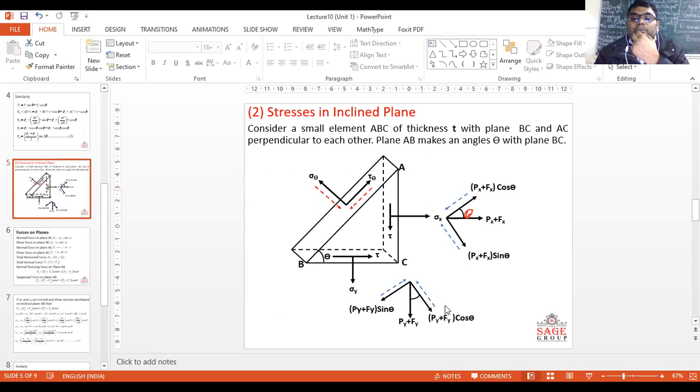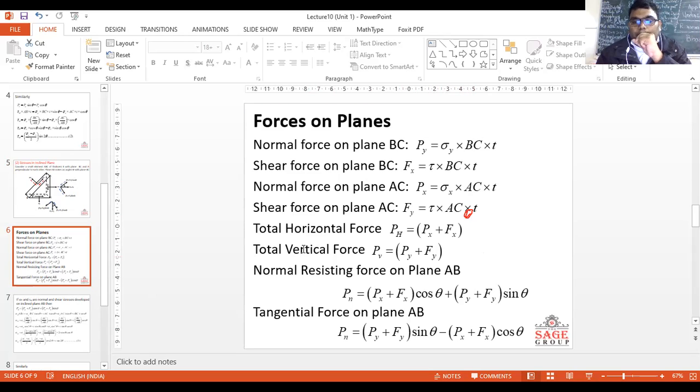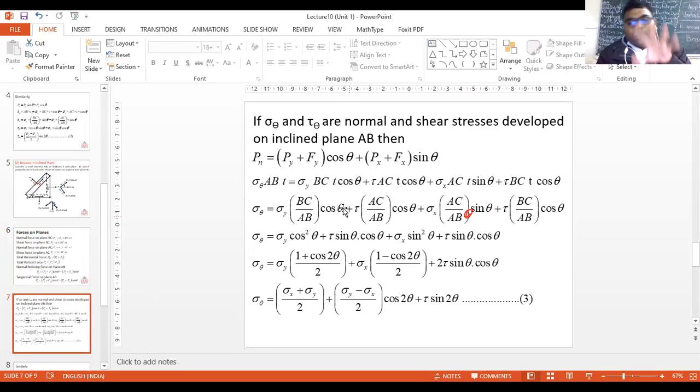These are acting together, so they are going to be added on: Py, Fy cos theta and Px, Fx sin theta. Similarly, we have put in all values with the same procedure. The respective values of Py, Fy, Px, Fx we have put here and just solved them. When we solved this, we got the first relation, sigma x plus sigma y upon 2.